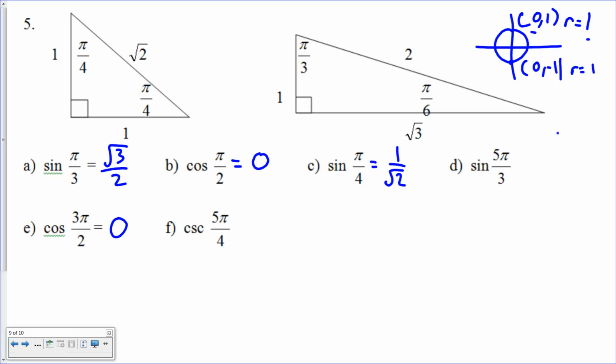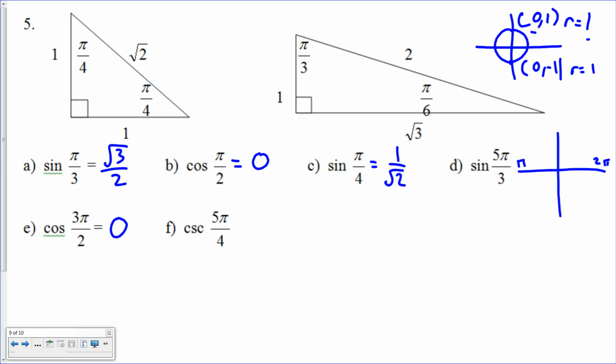Well, when I draw this, I'm thinking, all right, this is pi, and this is 2 pi. Is 5 pi over 3 closer to pi, or is it closer to 2 pi? The answer is 2 pi, because it only takes pi over 3 to get to 2 pi. I'm thinking 6 pi over 3 really here, and this is only pi over 3 away from 6 pi over 3.